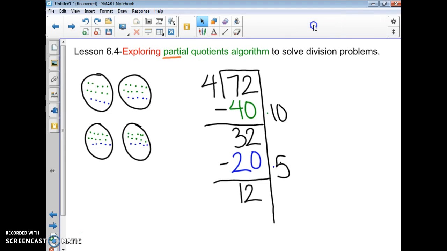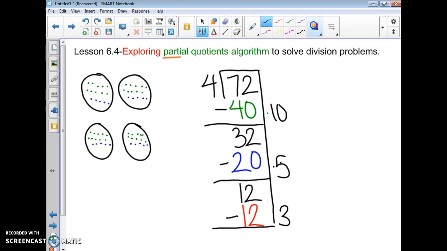So the last number, 12, I know this relationship. It's very strong in my mind with the relationship with 4. That is that 4 times 3 is 12. I don't have to pull this number apart any more than I have. What's very convenient is when you've pulled the 72 into 3 parts, 40 and 20 and 12, add those together, there's 72.